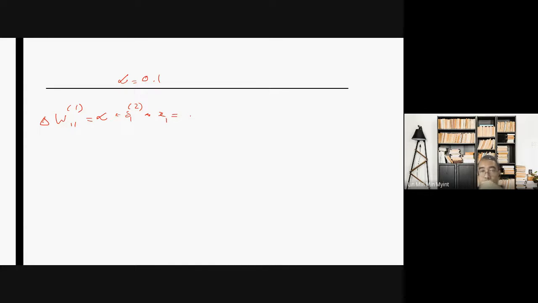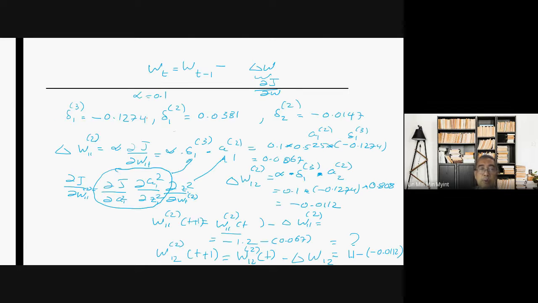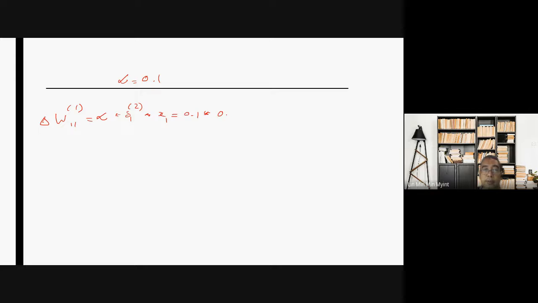And then 0.1 multiplied with sigma 1, 2, which we have already calculated here, 0.0381, multiplied with H1 which is just 1. So we will get this one, 0.0381.